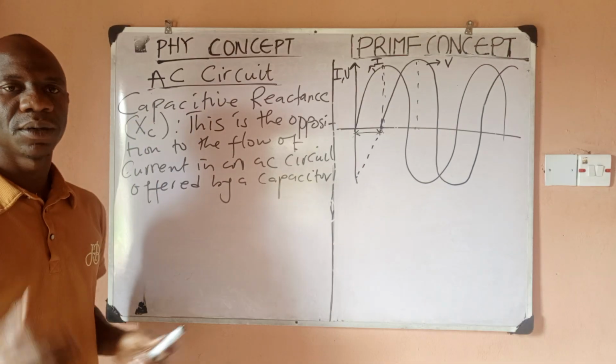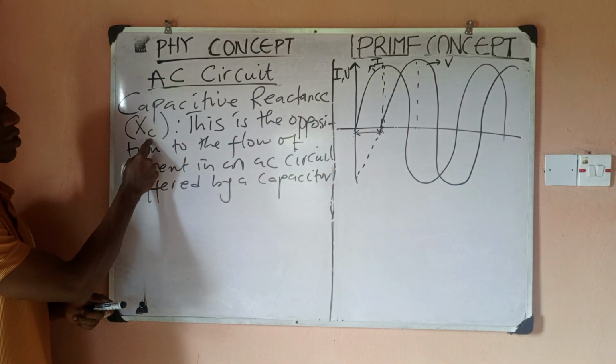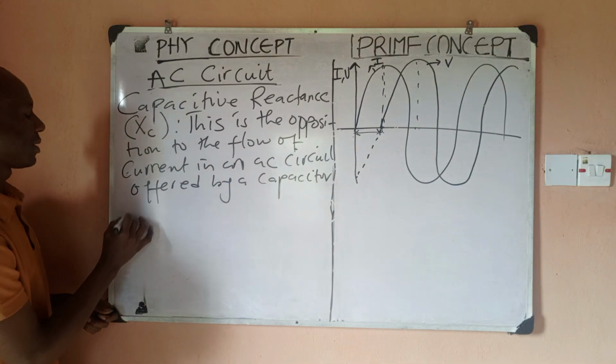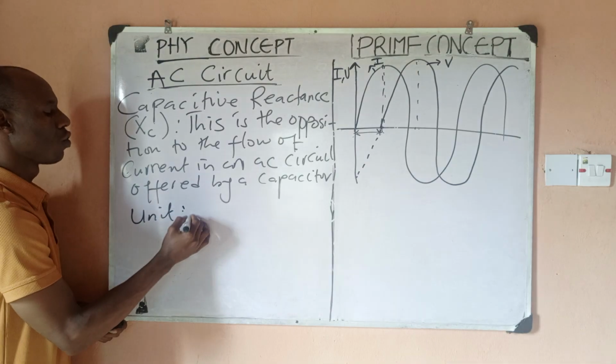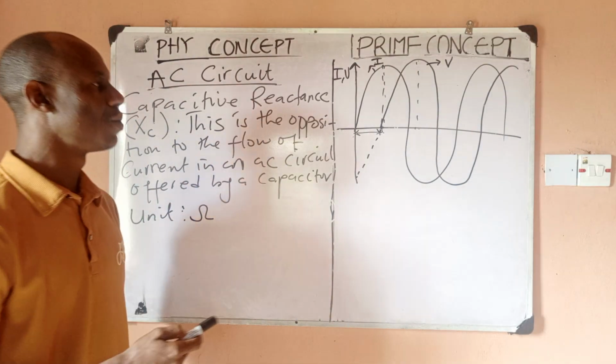That is what we call capacitive reactance. And what is the symbol? X subscript C. Since it is a resistance, the unit of this quantity is going to be ohms. So this is the unit. It is measured in ohms.